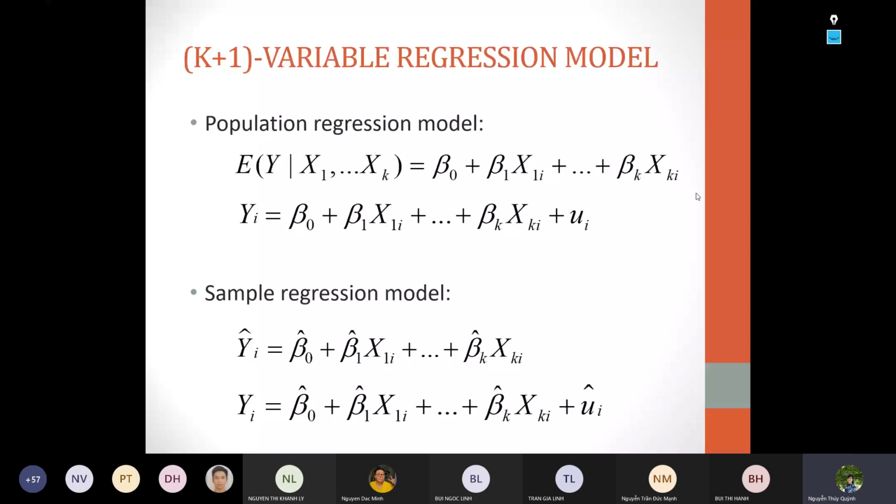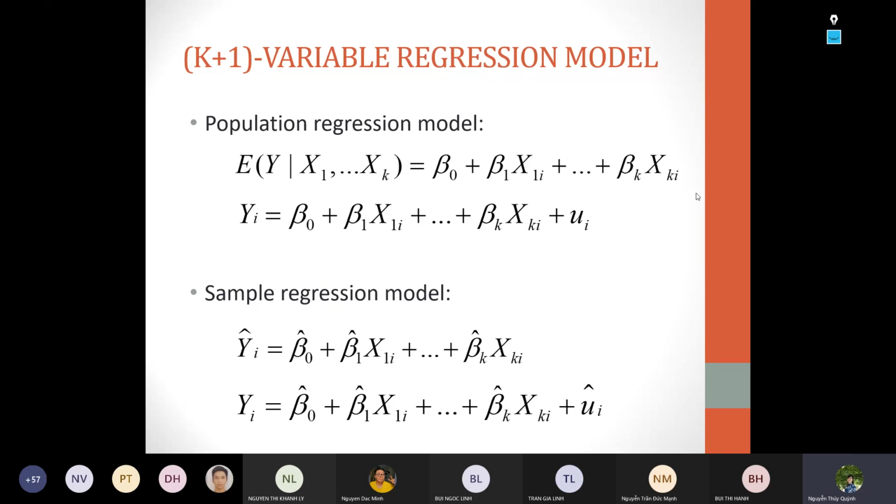We have studied the 2 variable regression model and the 3 variable regression model. For a 2 variable regression model, we have one dependent variable and one independent variable. For a 3 variable regression model, we have one dependent variable and two independent variables. So in general, for a k plus 1 variable regression model, we have one dependent variable and k independent variables.